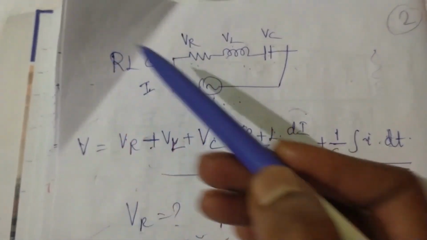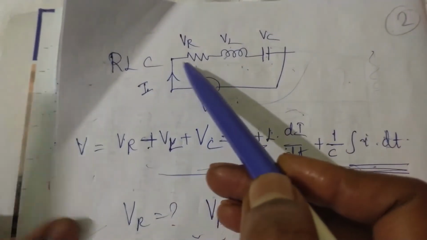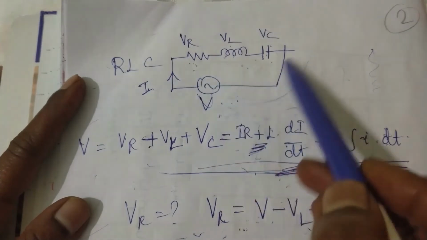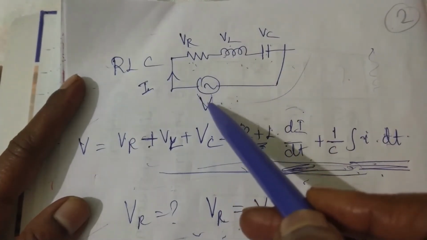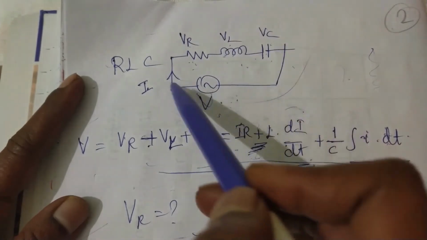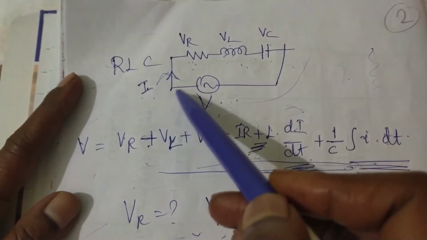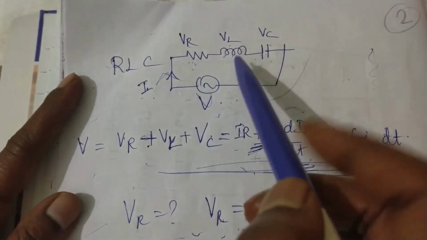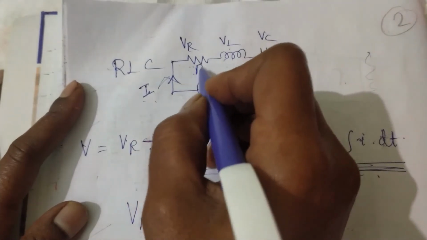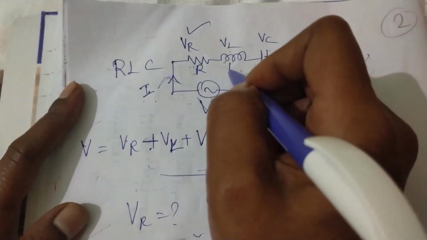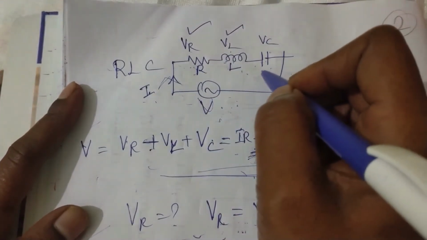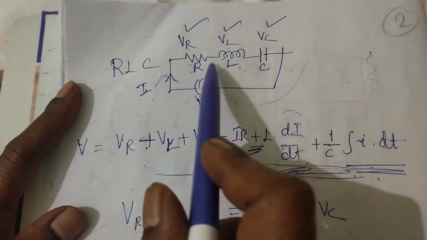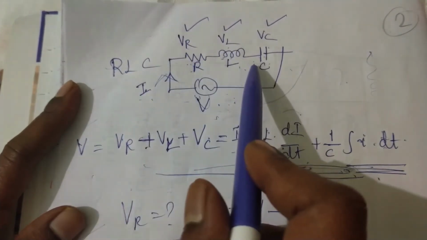In the RLC circuit, R, L and C are connected in series with the supply voltage V. It is a closed circuit, so it causes current I, and the total voltage is shared by these elements. Voltage across the resistor is V R, across the inductor is V L, and across the capacitor is V C.